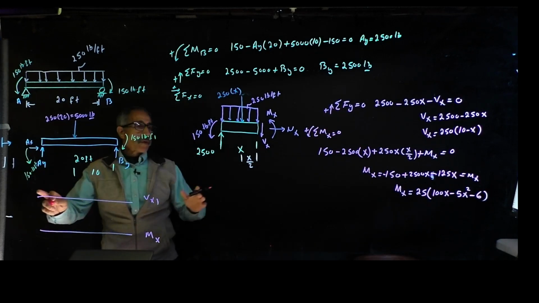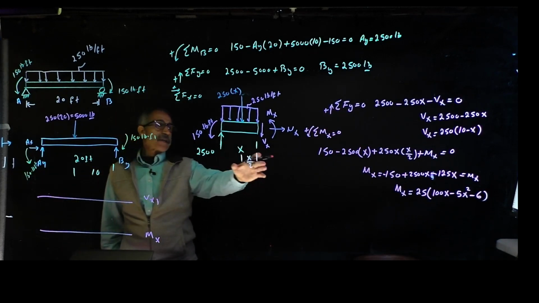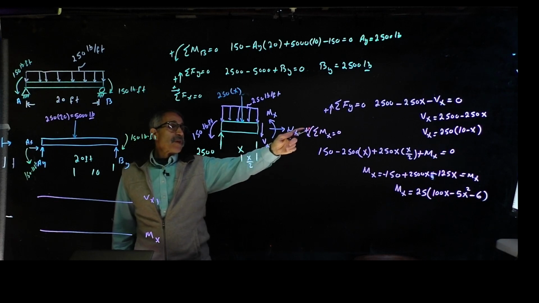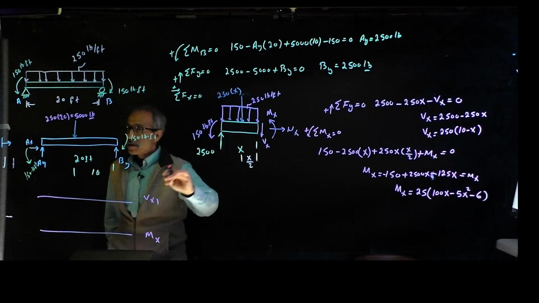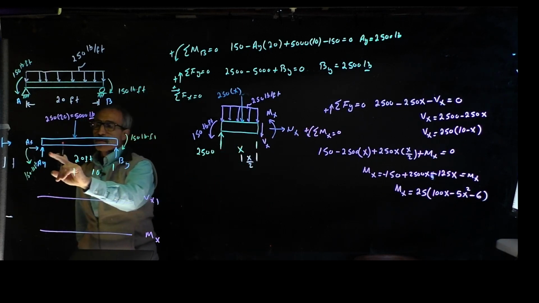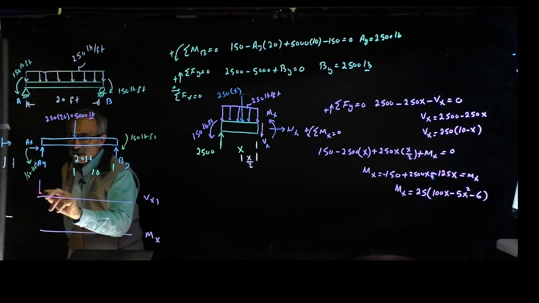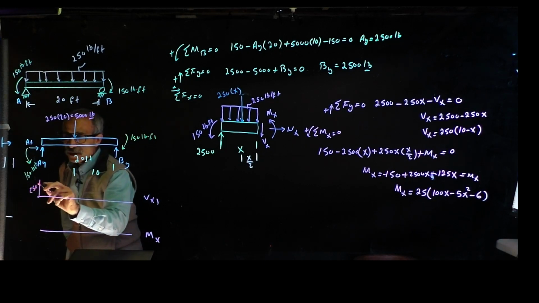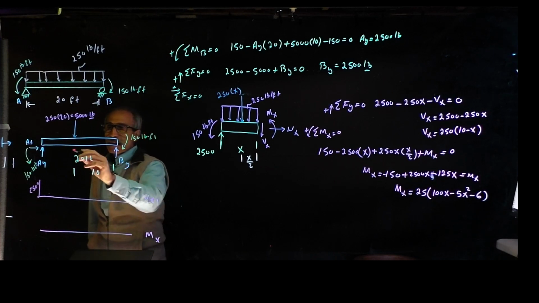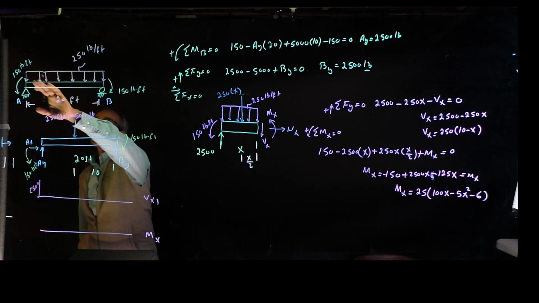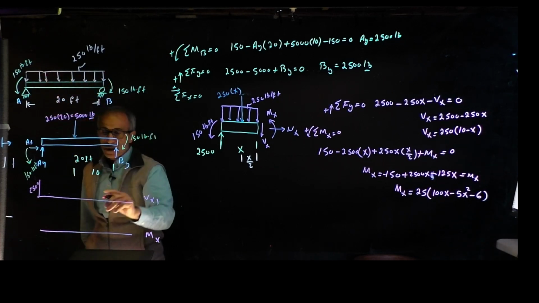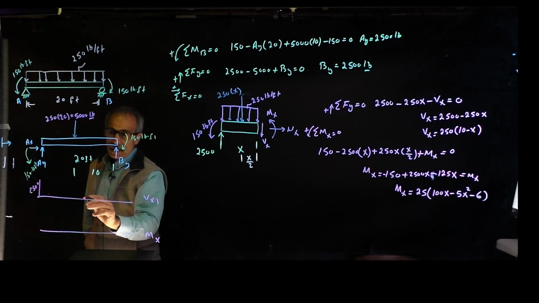Okay, so we look at the shear. The shear that we've calculated, we can plug in that equation, but keep that equation in mind. So we went up, this came out to 2,500. I'm going to go up 2,500. Then it comes down, because this is a constant, it comes down as a linear. So down the center will be right here.